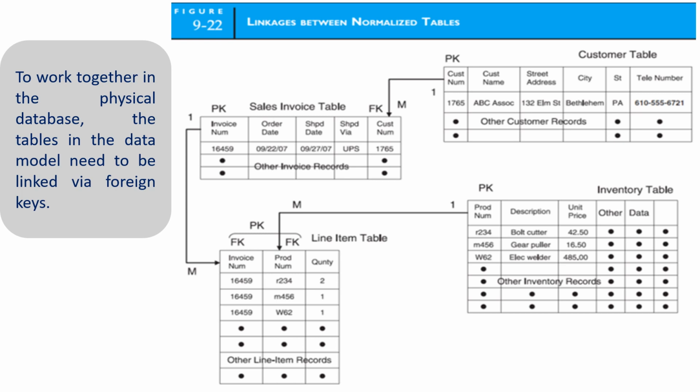To work together in the physical database, the tables in the data model need to be linked via the foreign keys, as we say. Okay, so we see here the primary key is the customer number, and this customer number is the foreign key in the sales invoice table.